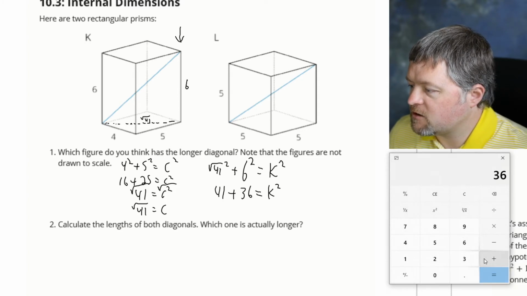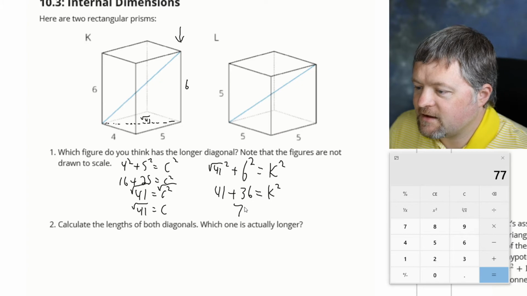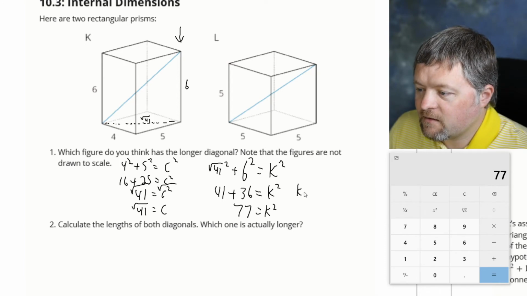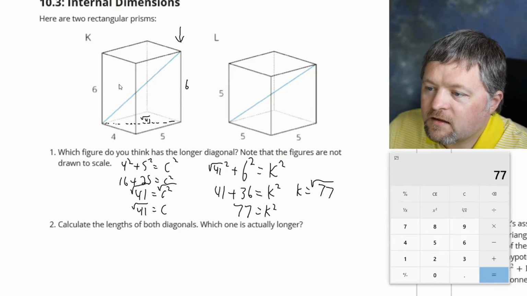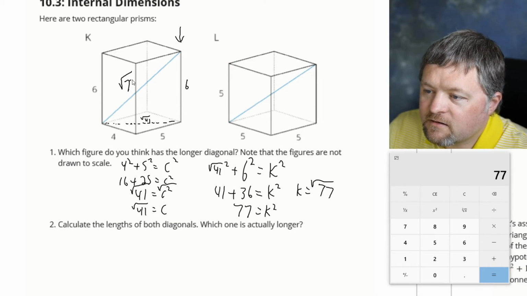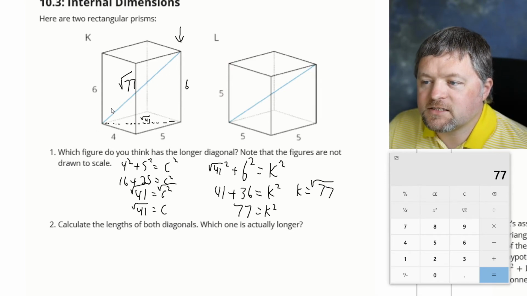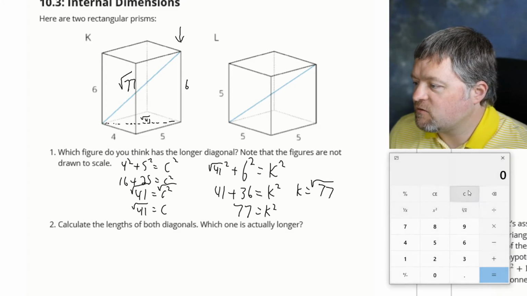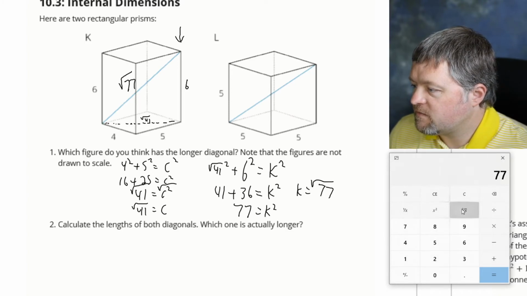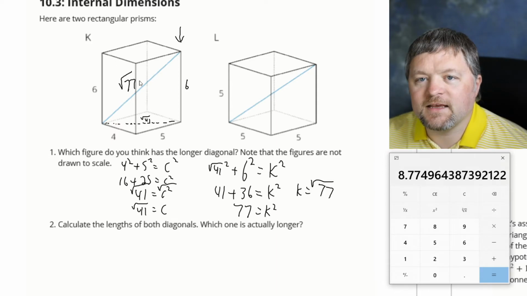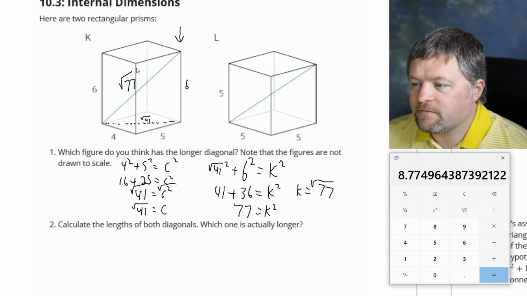41 plus 36 is 77, which is equal to k squared, which means k is equal to the square root of 77. I'll label that on here. That diagonal is the square root of 77 units long, which is approximately 8.77.